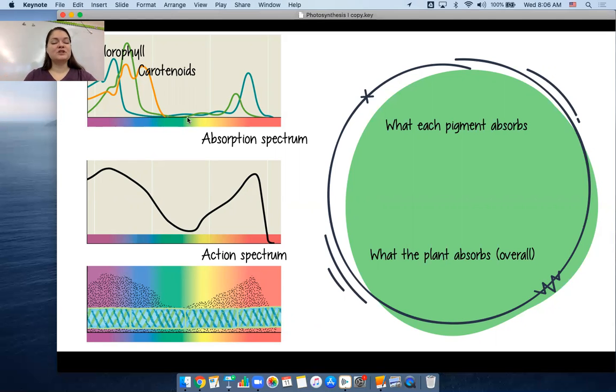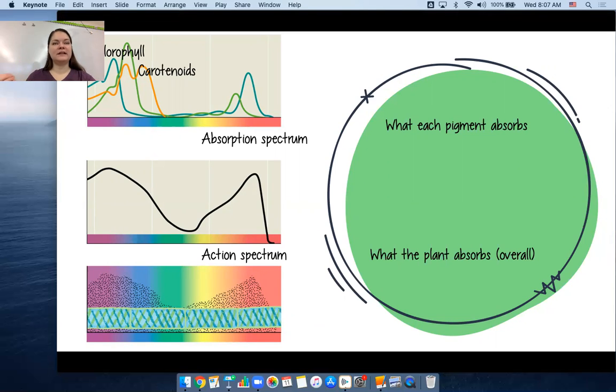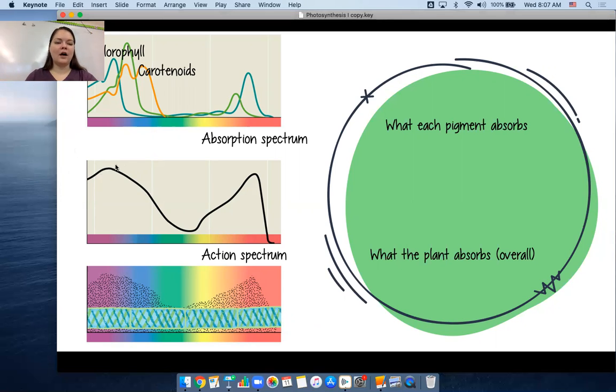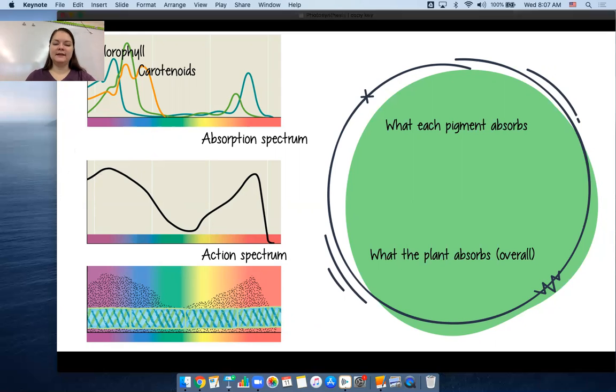So the absorption spectrum is specific to each of the different pigment molecules, and the pigments that are found in a particular plant collectively make what is called an action spectrum. This is all the different wavelengths that the particular photosystem or the particular plant is capable of utilizing or harnessing.